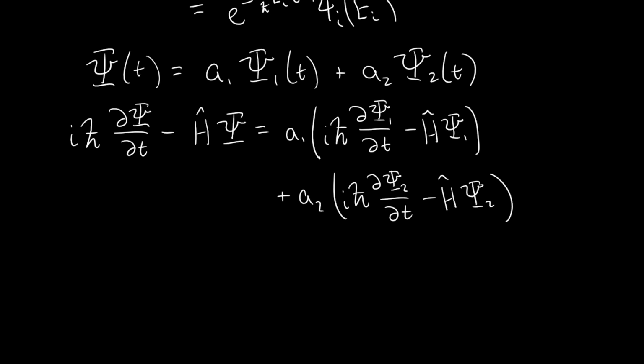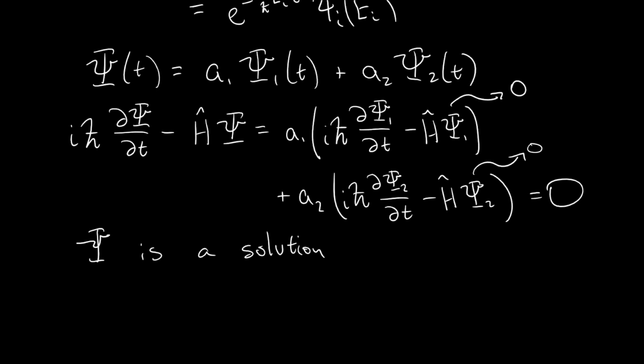Now I know that each psi 1 and psi 2 are independently solutions to Schrodinger's equation. So this term here goes to 0, and this term here also goes to 0. So the whole thing goes to 0, and I see that psi is a solution to the Schrodinger equation.